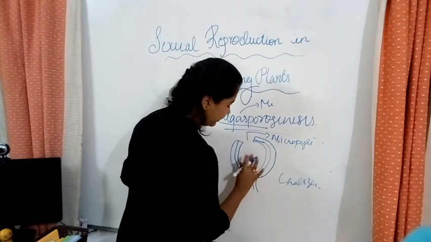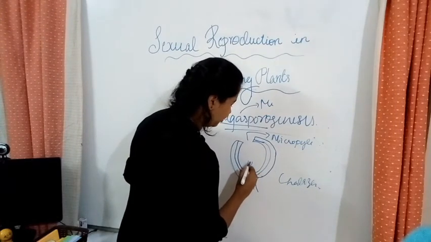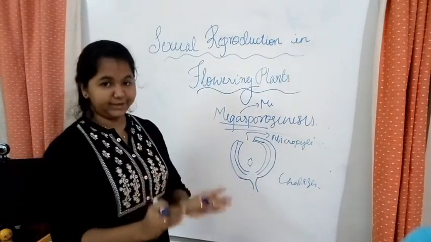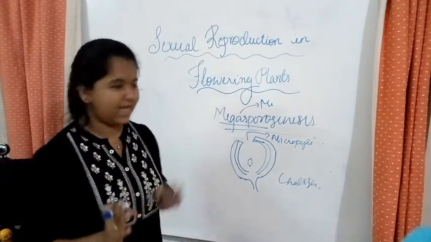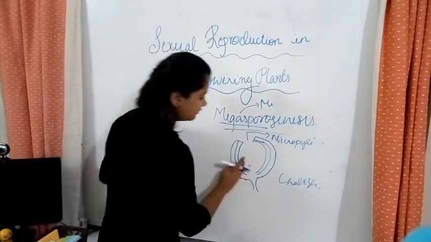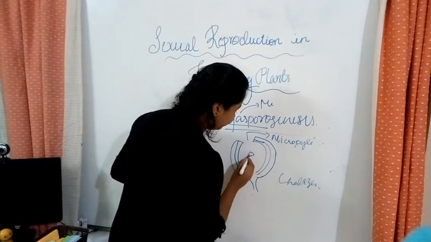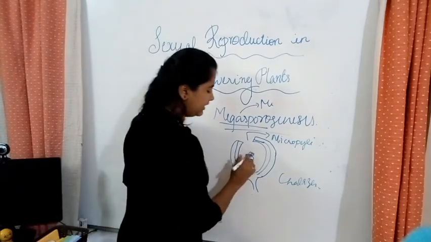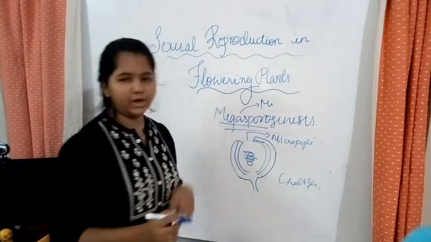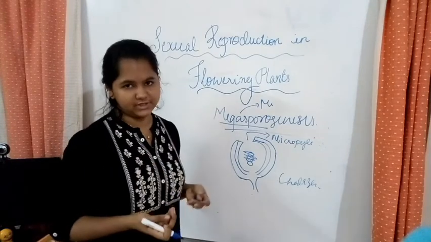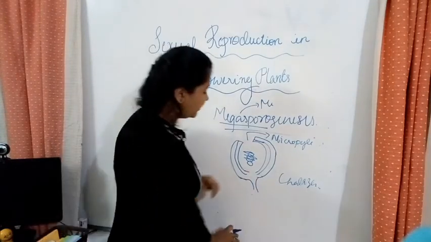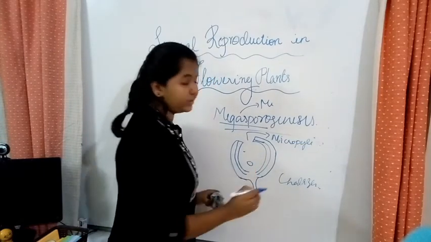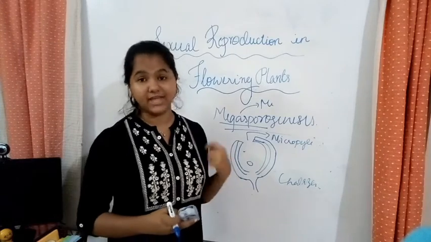I drew the nucellus like a honeycomb, no? Only one cell out of it will undergo meiosis, and after meiosis it will form 4 cells, out of which 3 will degenerate, and this one will continue its process. So over here these 3 degenerate and there's only one, and still no gamete formation has happened. Let's see how the gamete is formed.